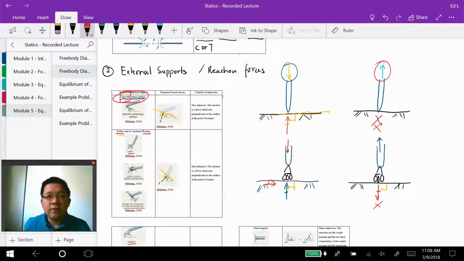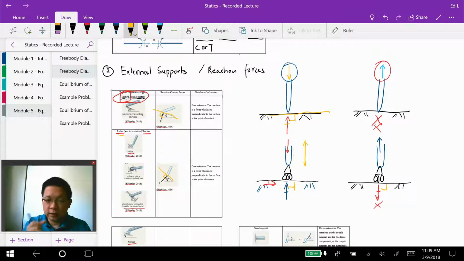It's a very good question, and one thing that I have to note in here is that reaction forces only exist in the direction where the motion is restricted. I repeat again, reaction forces only exist in the direction where the motion is restricted. For this roller, the motion is restricted in the vertical direction, whether it's going downward or going upward.